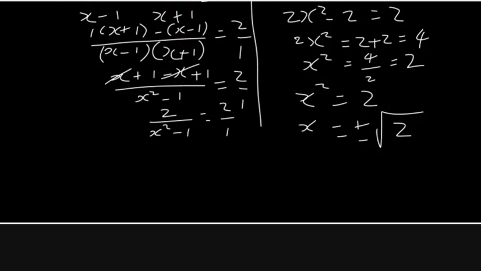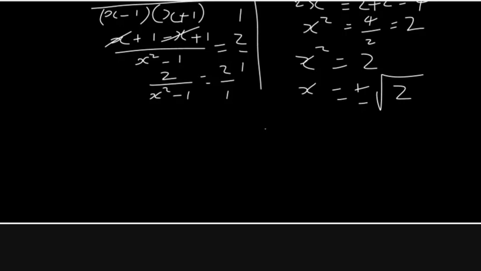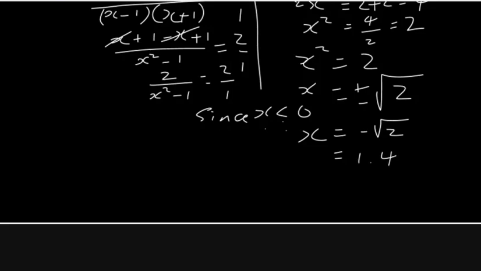Since they say that x is less than 0, our answer, therefore, is x equal to minus root 2, which is minus 1.414, and that's the answer to that question.